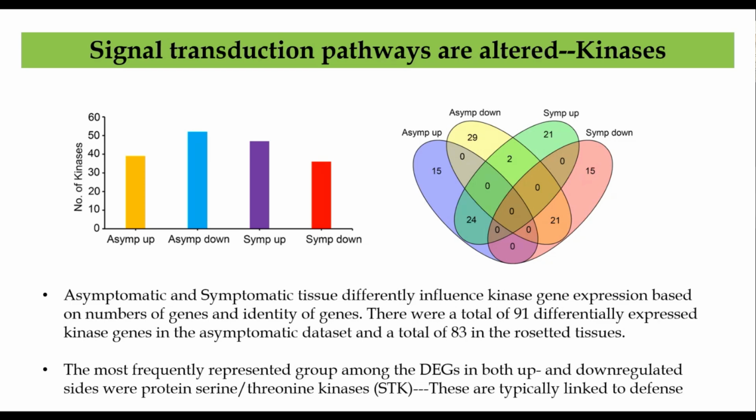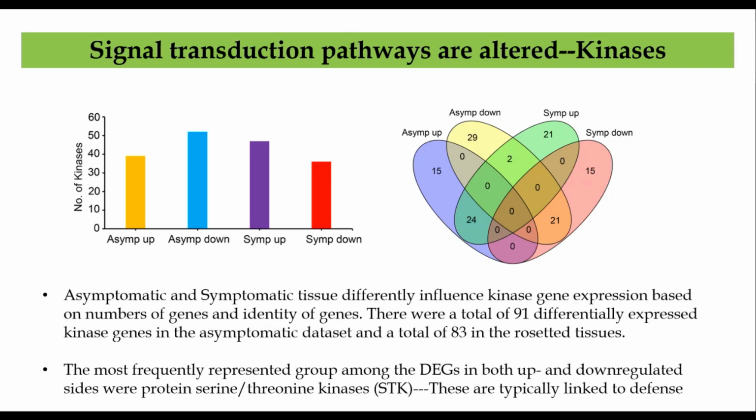We saw previously that upon RRB infections, the signal transduction pathway, phosphorylations, and hormone signaling are getting affected. So the signal transduction pathway, which broadly involves kinases. So we wanted to look at the molecular kinases that are present in our data set and that are differentially regulated or differentially altered upon RRB infections.